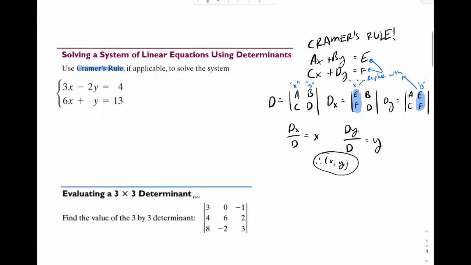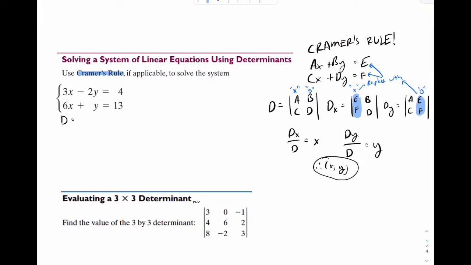So our D matrix for this one, just grab everything, 3, negative 2, 6, and 1. Our D sub X, so your X column gets replaced with these two things, 4, 13. And then you're going to leave the Y column alone. So that's negative 2, 1.